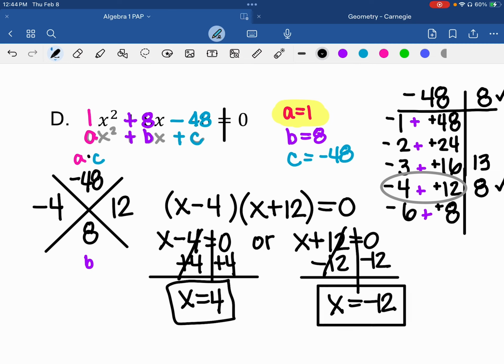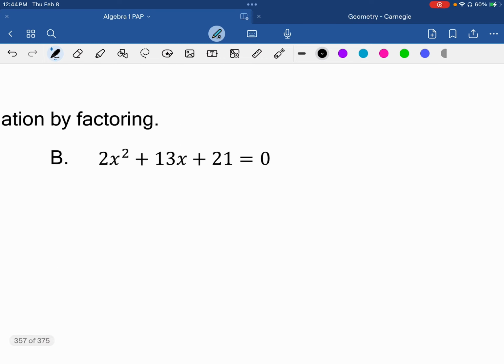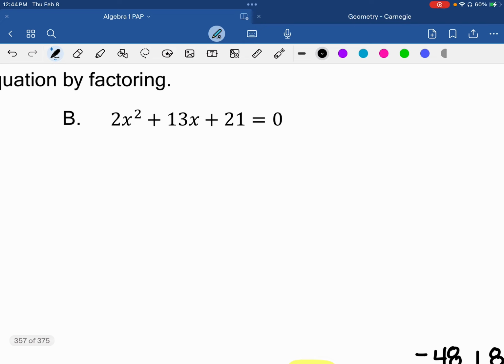All right, now let's give a try to example B. The reason I waited to do example B is because if you notice, it's equal to 0, that's great, but the A value is not 1 this time.